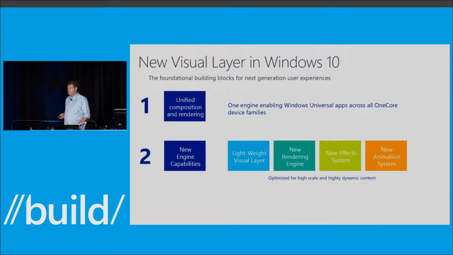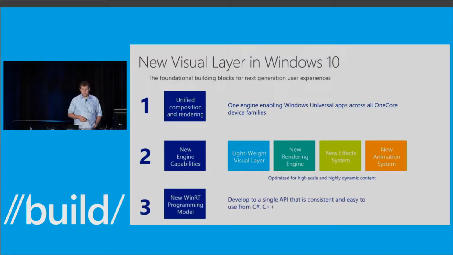It provides new capabilities from lightweight visuals to a new rendering engine, effect system, and animation system, enabling you to build great user experiences. All of these have been optimized for high scale and highly dynamic content. And then last, we've taken these new capabilities and wrapped them all up into a WinRT programming model so that you can use them from both C++ and C#.